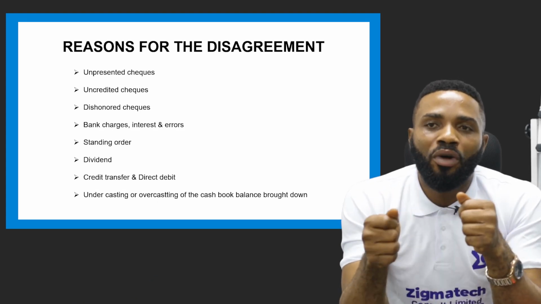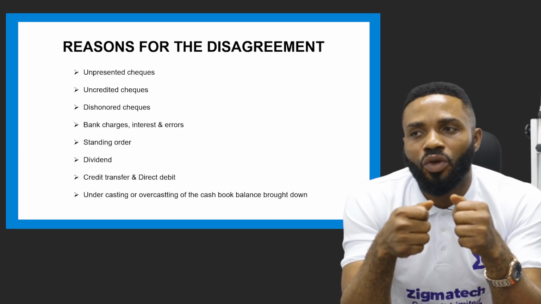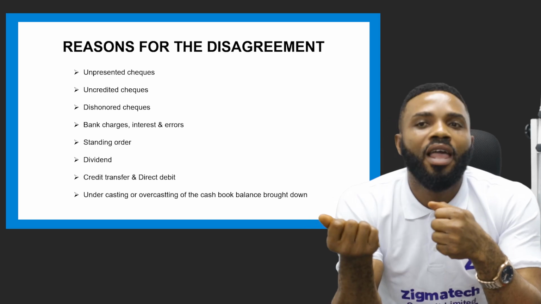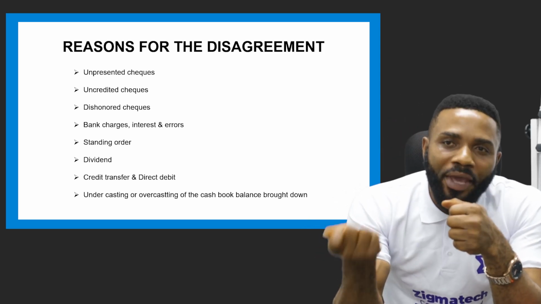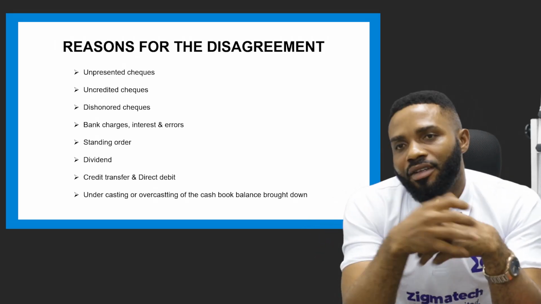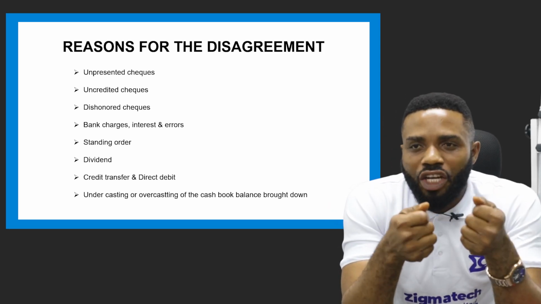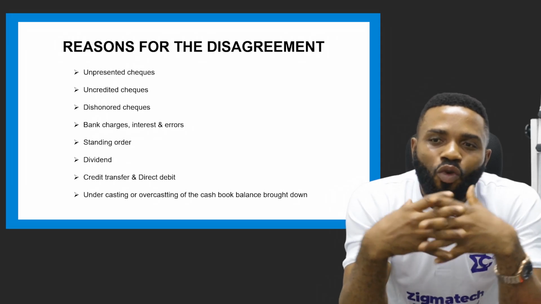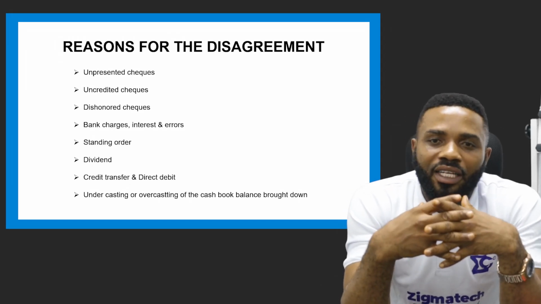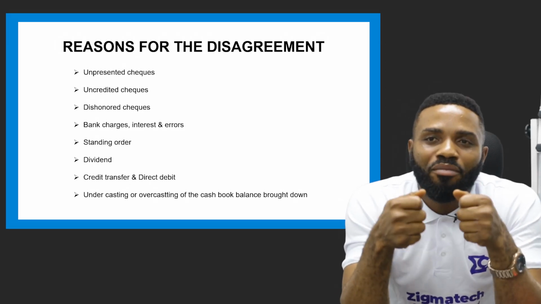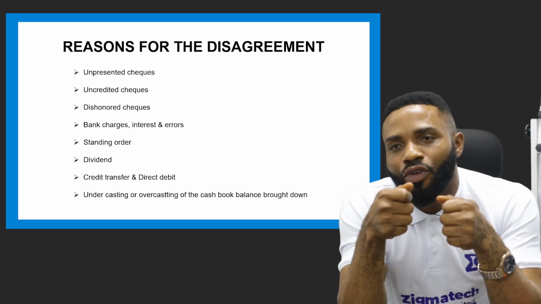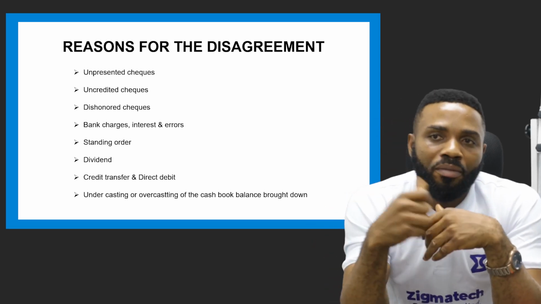Assuming in the business, you sold something on credit to a customer, and the customer decides to pay us with a check. If we receive a check of 20,000 and then take the check to the bank, sometimes the work of the cashier will be so bulky that the cashier will not have the time to effect the check on the bank account.